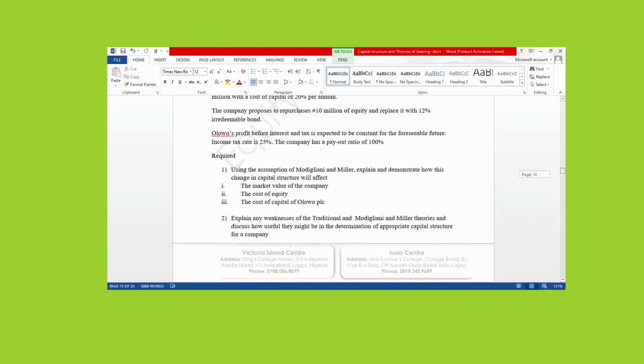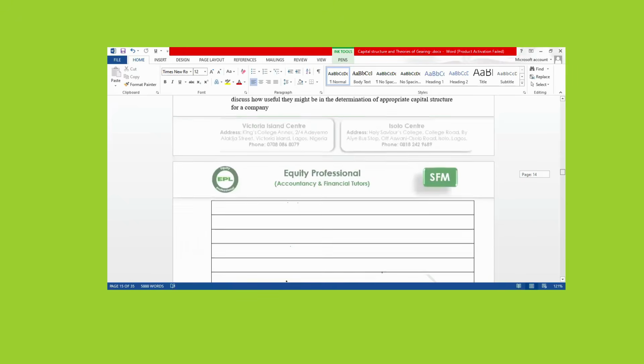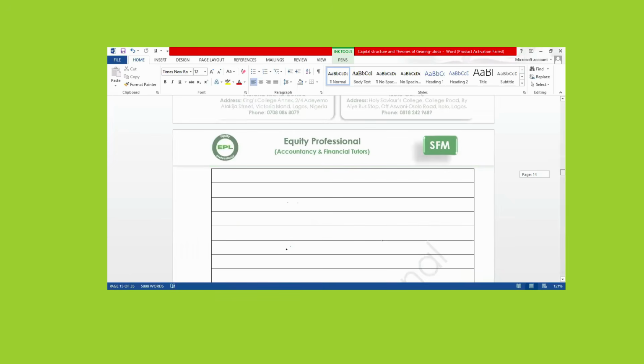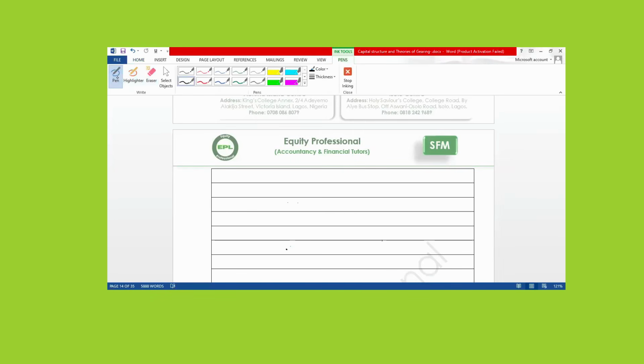How the change will affect the following. M&M with taxation.